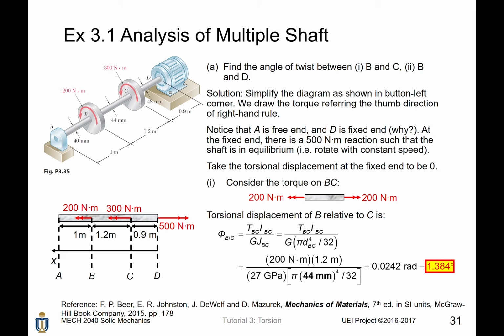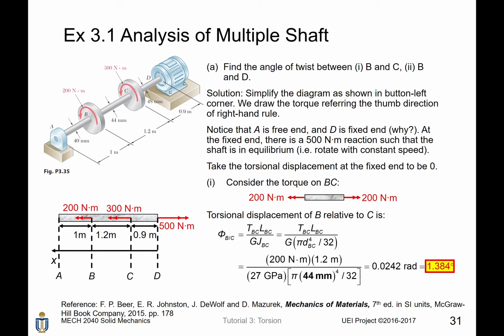For the first problem, we sketch this circular shaft in a simplified schema using the right-hand rule, because previously we mentioned that by using the right-hand rule, you can clearly know whether the torque is positive or negative. Firstly, we draw the two known torques on this shaft, from A to D, like this.